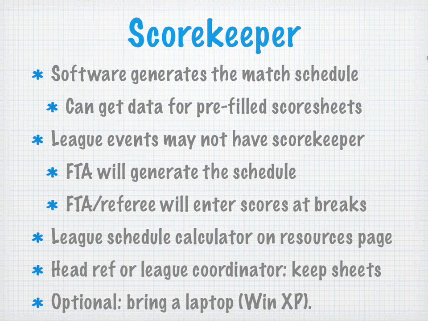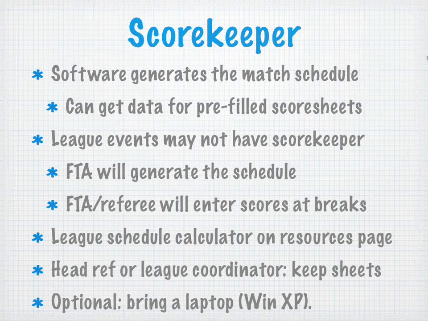The scorekeeper software generates the match schedule, and it's possible to have it dump out a file that you can extract that match schedule and use it to do the mail merge thing. And again, there are instructions for that on the resources page. Doing the trick that we want to do, where we want to schedule matches, requires filling in some kind of finicky numbers in the scorekeeper software.